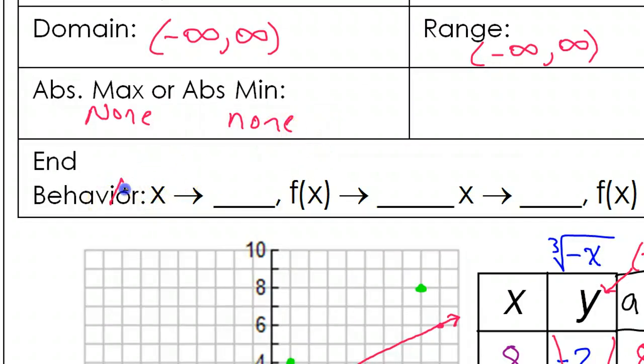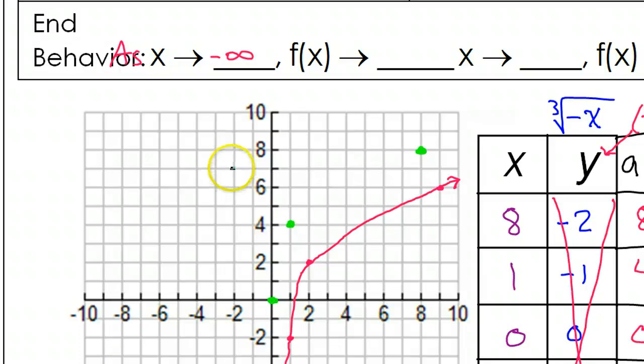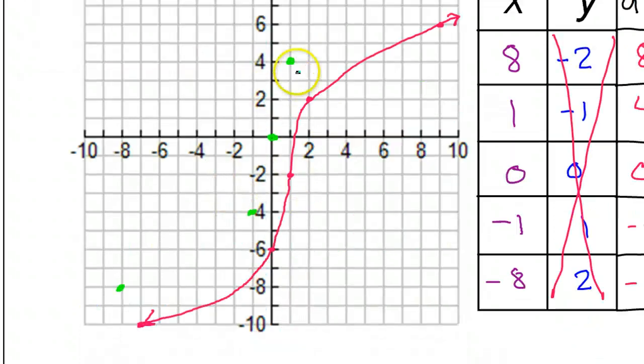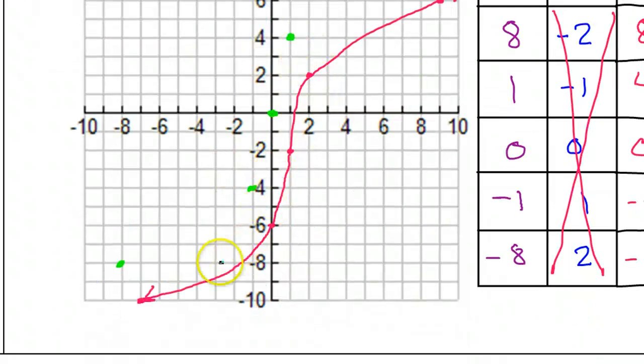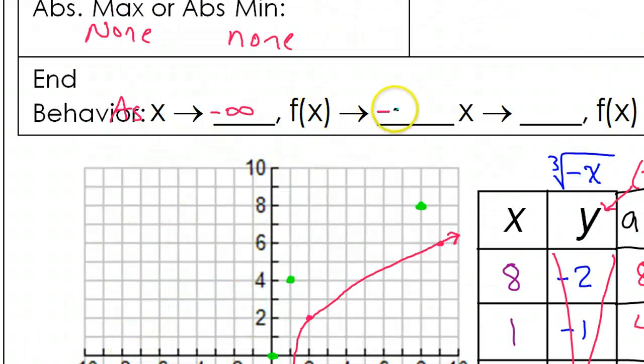End behavior. As x approaches -infinity, that means as we go to the left, what happens to the y values? Well, as we go to the left, the y values are going down, down, down. So that's why f of x approaches -infinity.